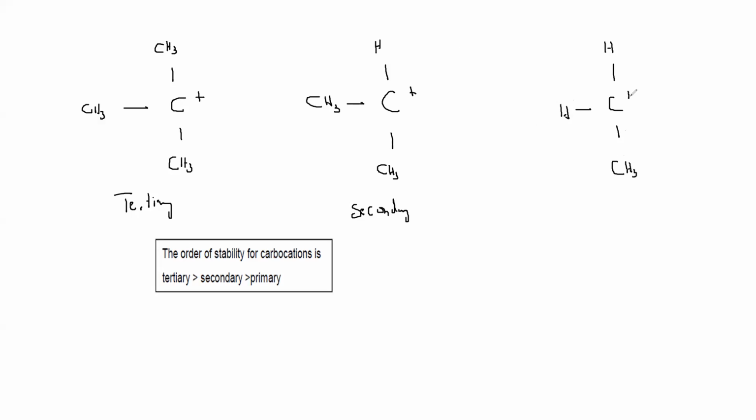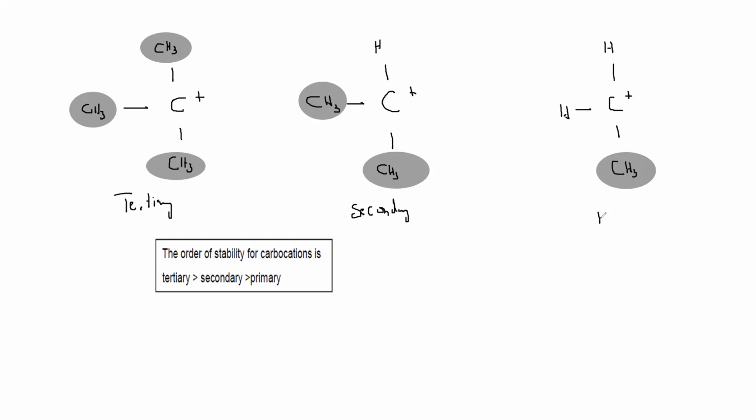So here we have 1 alkyl group, this one we were having 2 alkyl groups, and the first one, the tertiary, we were having 3 alkyl groups. When 1 carbon chain is attached, that's known as a primary.